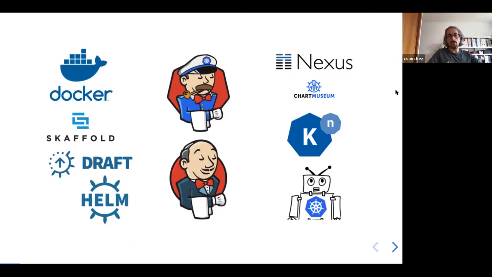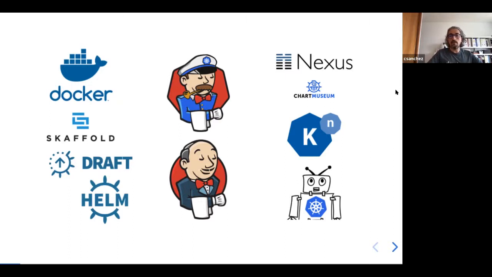Scaffold is used to build these Docker images and create the Helm charts from those Docker images, and publish this to the internal Docker registry that Jenkins X includes.